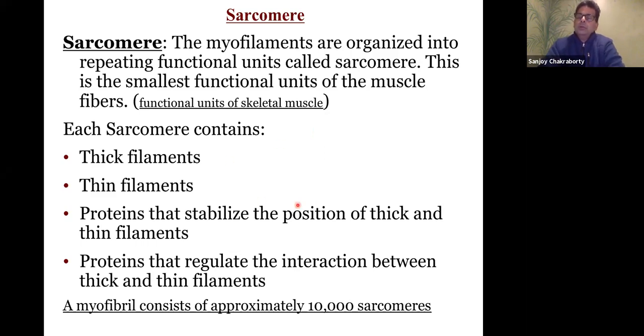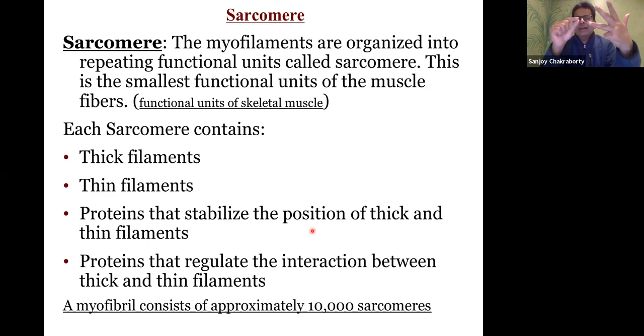So let's focus on one sarcomere now. What is one sarcomere made of? It is made with thick filaments, thin filaments, proteins that stabilize the structure and position of the thick and thin, and number 4, a protein that regulates the interaction of thick and thin. Those are the 4 major things of a sarcomere.